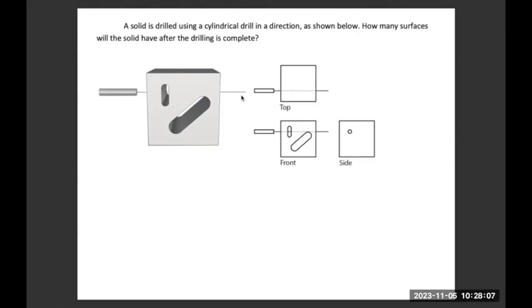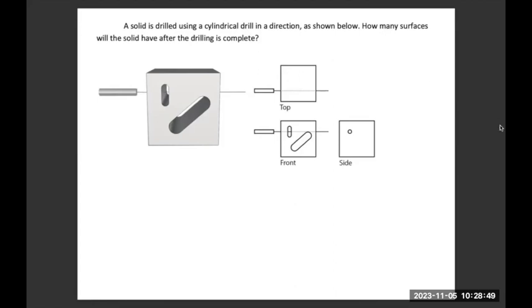Then you have to gauge, because the drill actually cuts through this part, and it will cut a little from here too, because this line, which is the center of the drill, passes through the top part also. Please note this. Do you mean outer surfaces, how many the solid will have, or inner also? You have to see inner also. You have to count all the surfaces that are inside also.